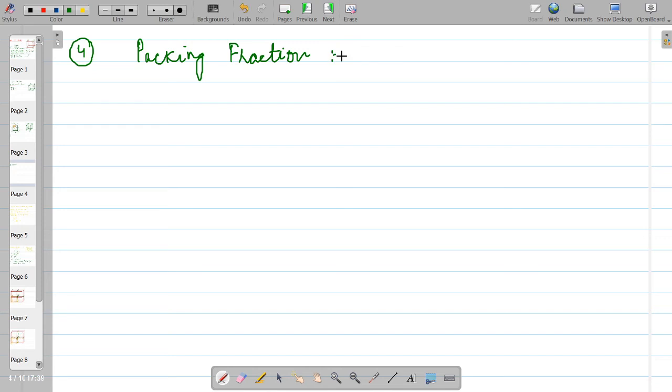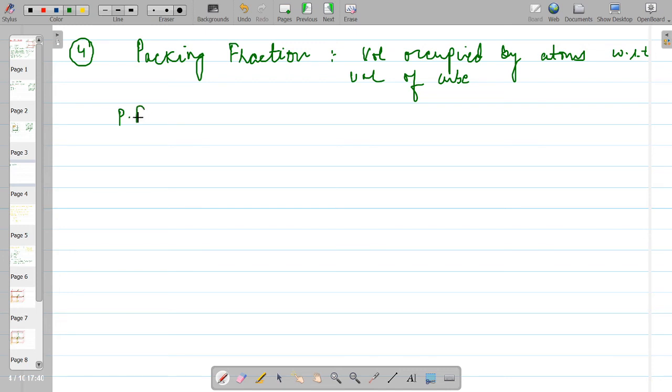The packing fraction gives you the volume occupied by atoms with respect to the volume of cube. अगर हम फॉर्मूला में जाएं, let me write this packing fraction as PF, and it would be volume of atom, volume of one atom into number of atoms, divided by volume of cube.